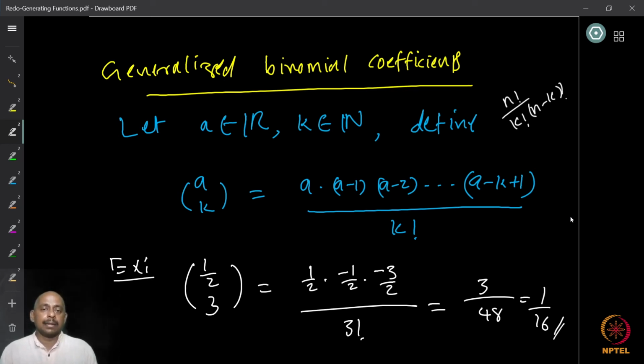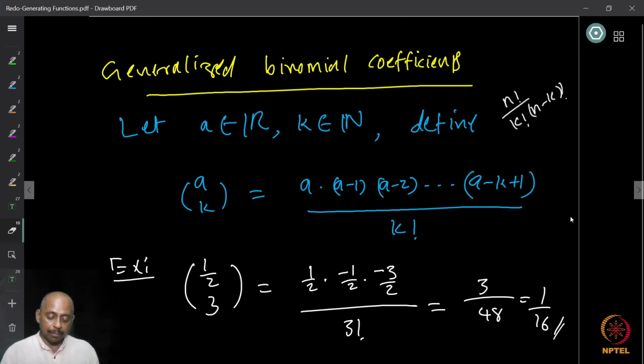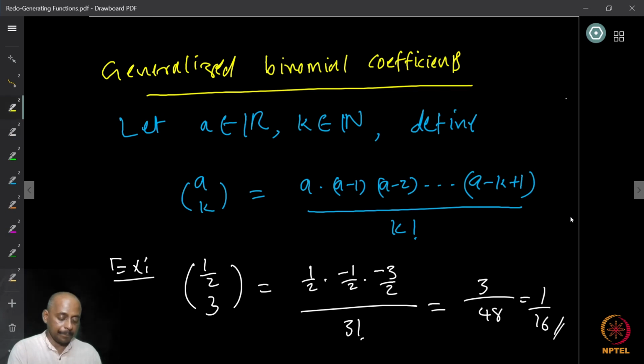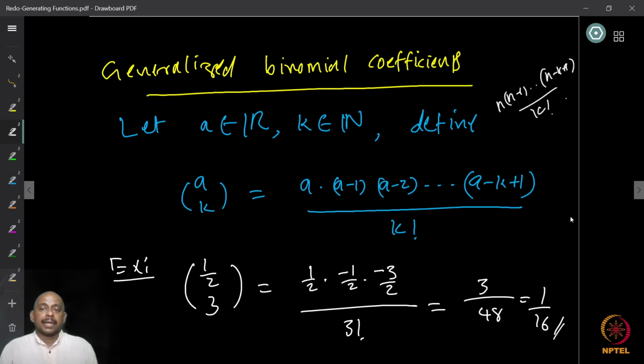On the other hand, when we look at the generalized binomial coefficient, we use the previous definition, where instead of n factorial we have n into n minus 1, etc., divided by k factorial.